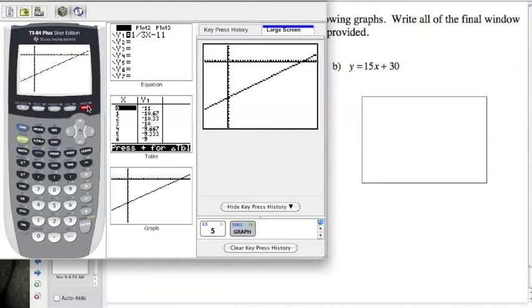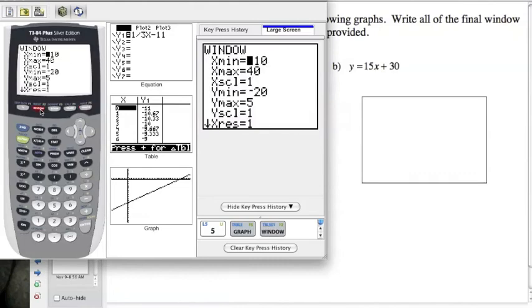I can see both axes. It covers the full screen. The problem is my tick marks look not so neat. So that's where I'm going to change my x scale. Maybe if we did them every 2, and then my y scale every 2, maybe we'll get a better looking graph.